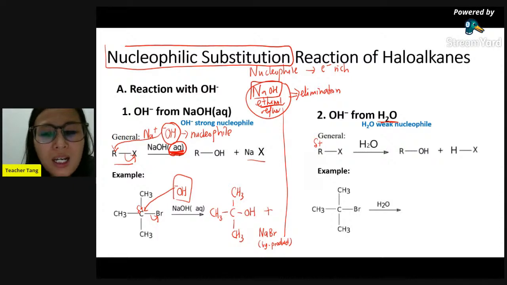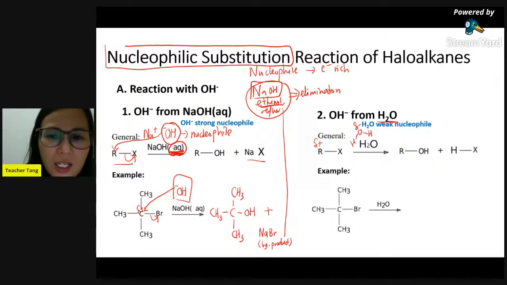In water, which I will draw like this, the oxygen is partially negatively charged and has 2 lone pairs.